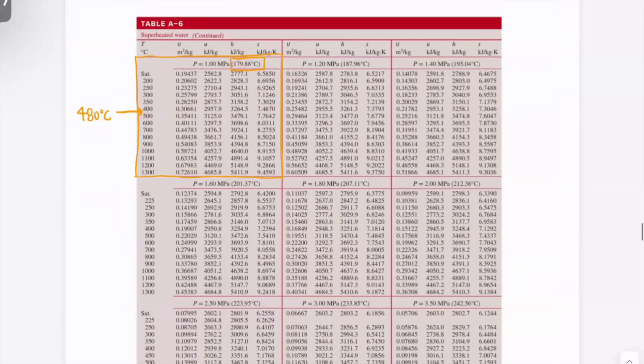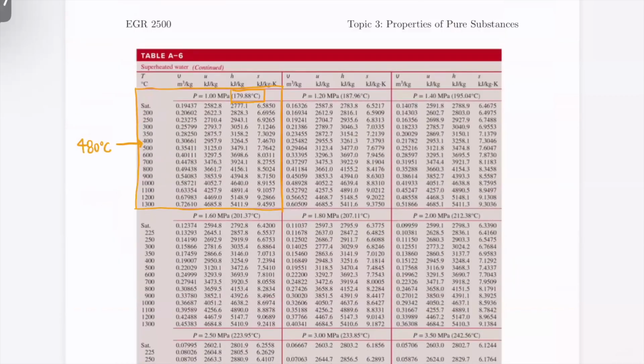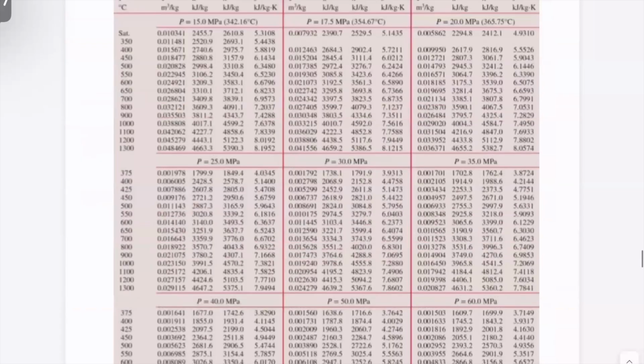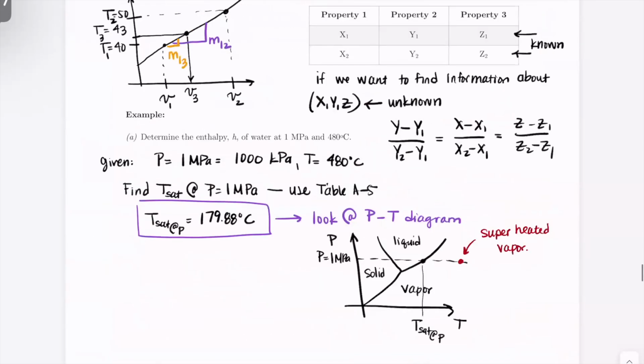I'm going to use 400 and 500, and then here are my enthalpies that I'm going to make use of. Those two guys right there. I like to make a little table to keep myself organized when I do these types of problems.